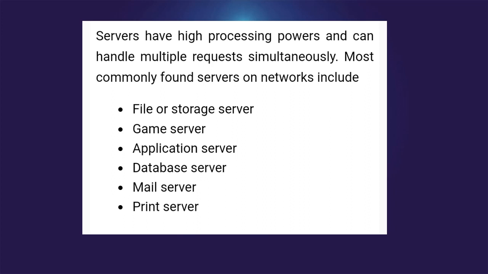Servers have high processing powers and can handle multiple requests simultaneously. Most commonly found servers on networks include file or storage server, game server, application server, database server, mail server, print server.